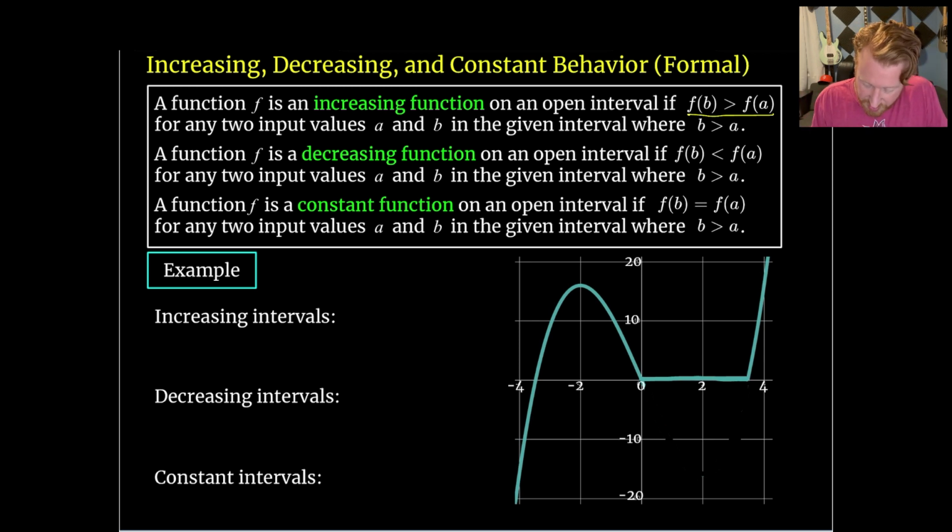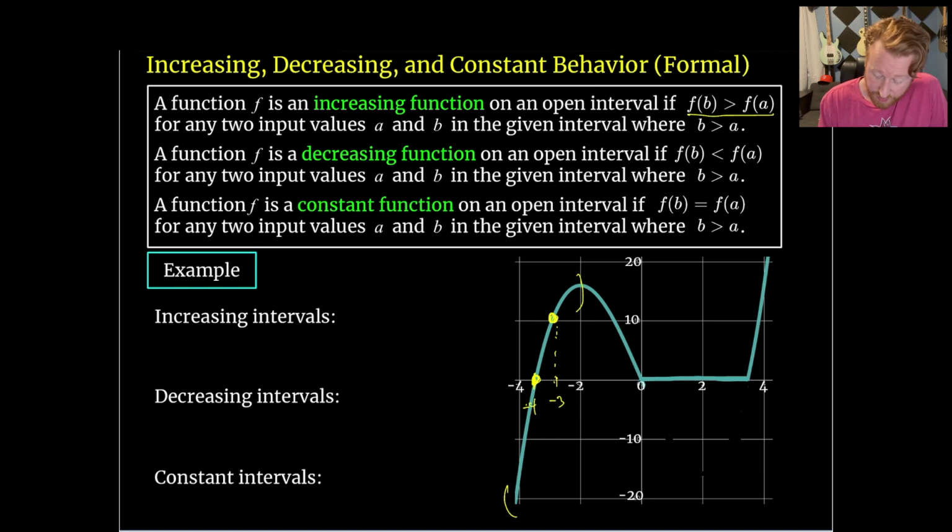Like I said, that's a very mathy definition, but what it is saying is that if we pick two values on some open interval, since we know from our previous work that it's increasing just by the way the graph looks, then if I pick any two values in here, maybe -4 and -3, the output at -4 appears to be about 0, and the output at -3 appears to be 10 or 11, or something close to there.